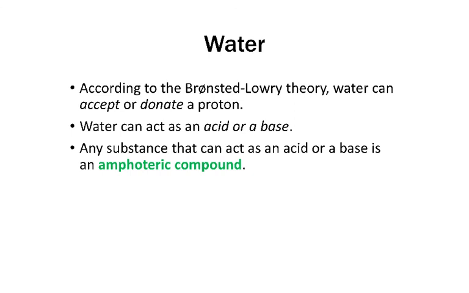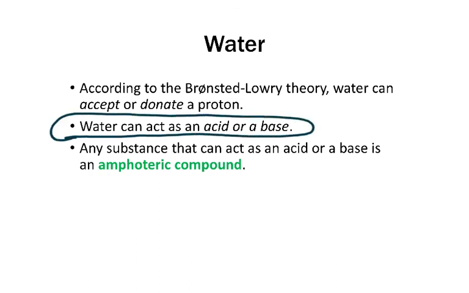And so water is a special type of molecule. It can act as an acid or as a base. And these are called amphoteric compounds. Amphoteric compounds can act as an acid or as a base.